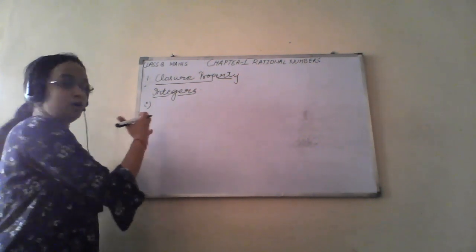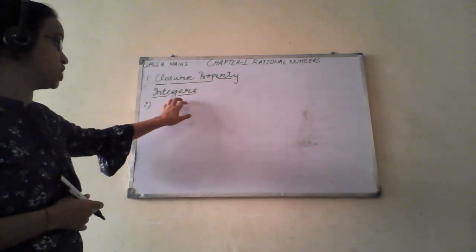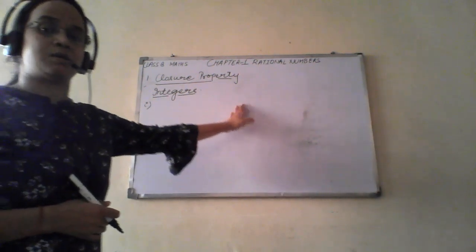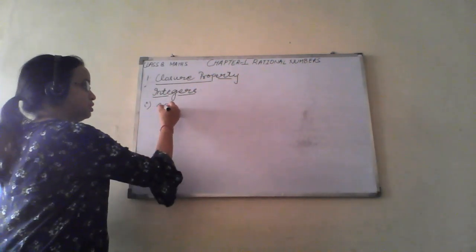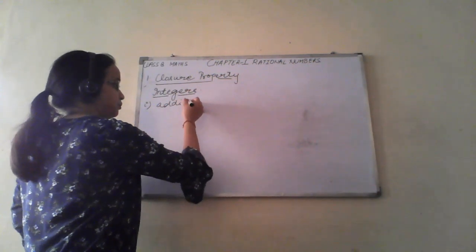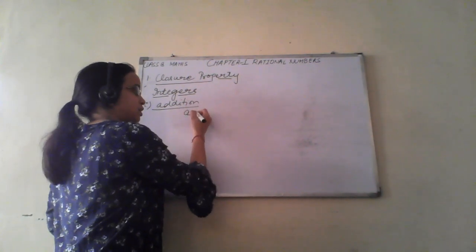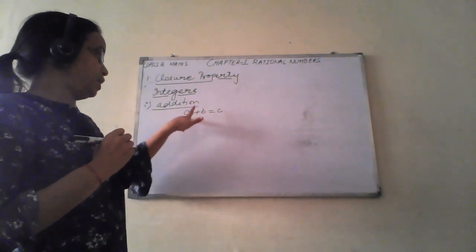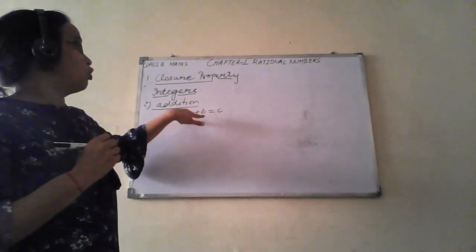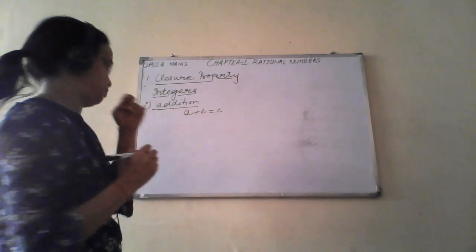As in the case of whole numbers, where we checked all 4 mathematical operations, in this case also we will check addition, multiplication, subtraction and division. First we'll proceed with addition. A plus B will give C, where A and B are integers. According to the law of closure, C should also be an integer.